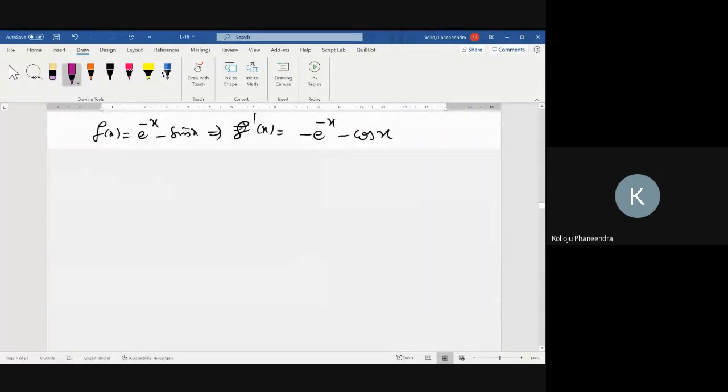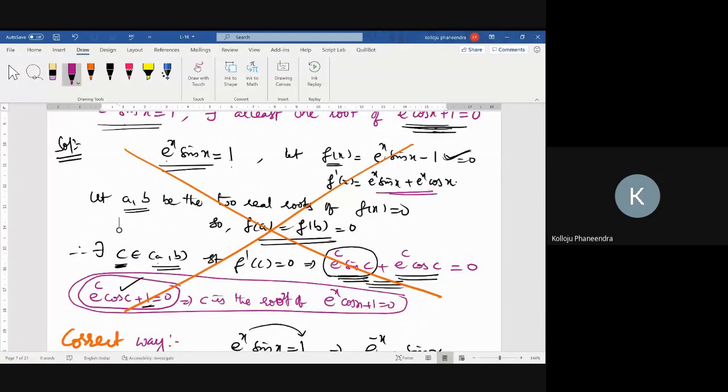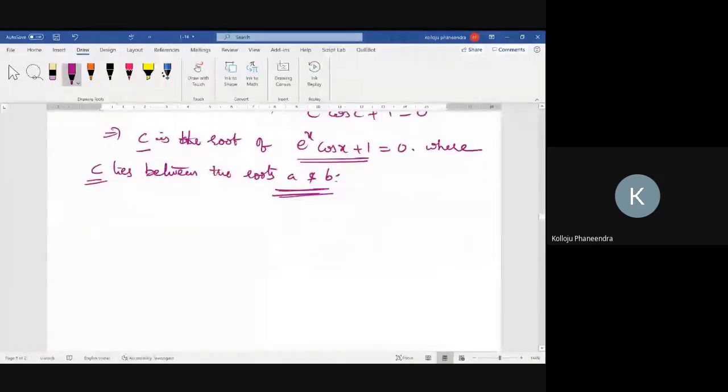Let me give some assignment problems. Take just 2 or 3 problems. I will give one.